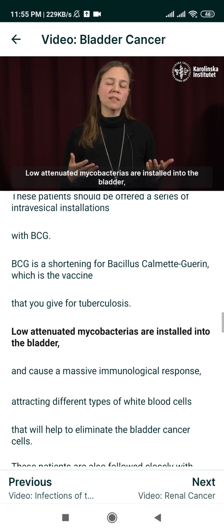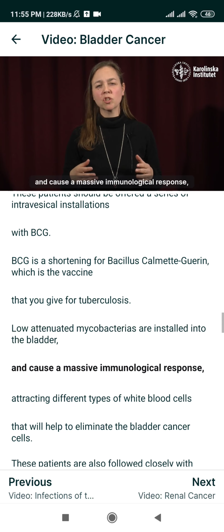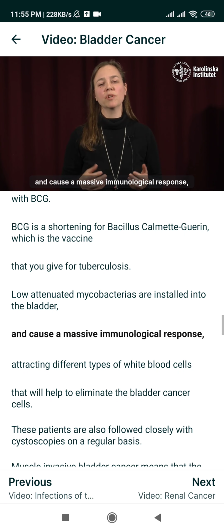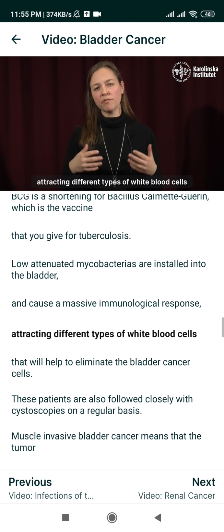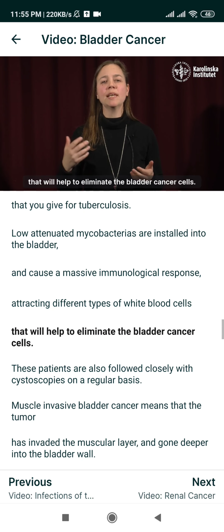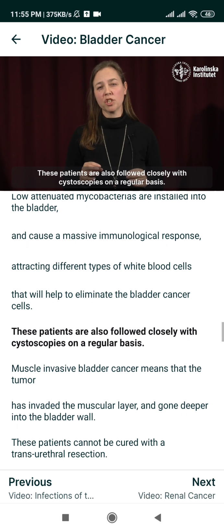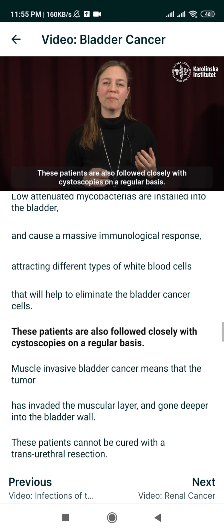Low attenuated mycobacteria are instilled into the bladder and cause a massive immunological response, attracting different types of white blood cells that will help to eliminate the bladder cancer cells. These patients are also followed closely with cystoscopies on a regular basis.